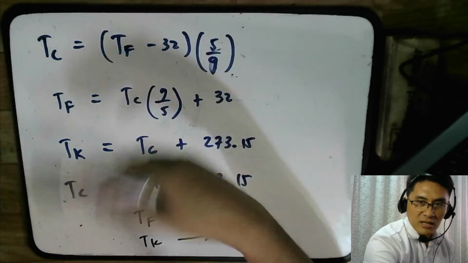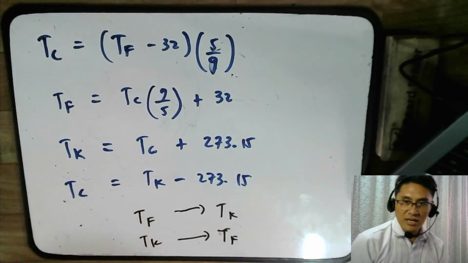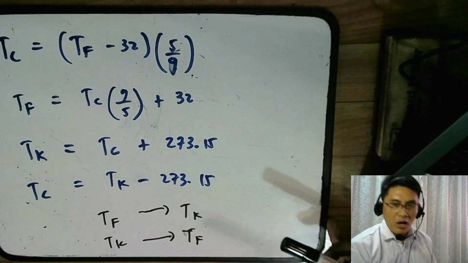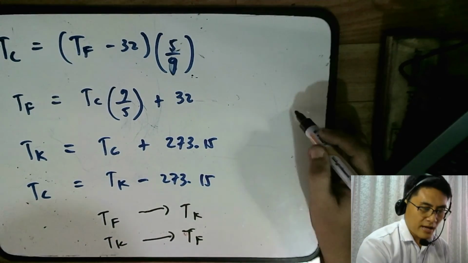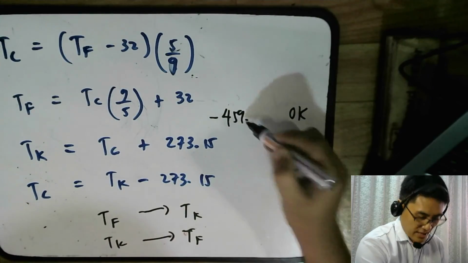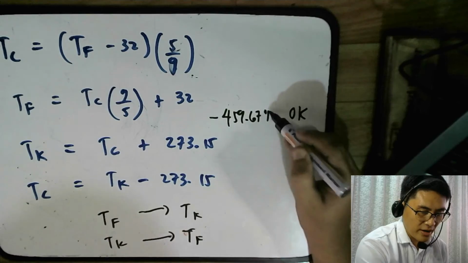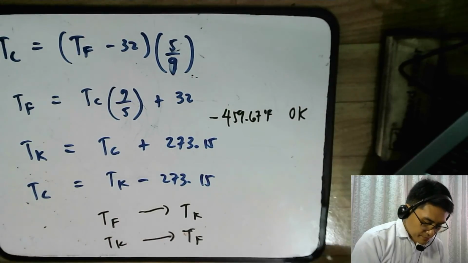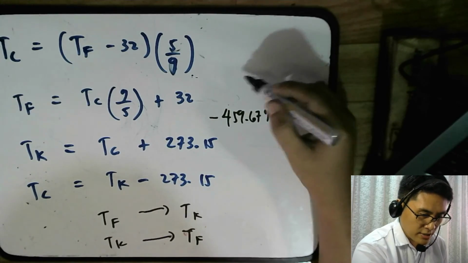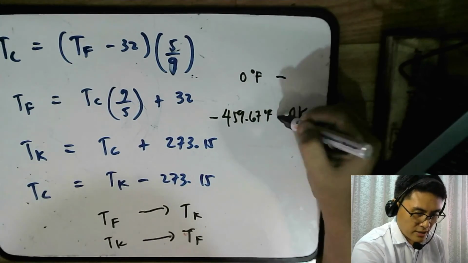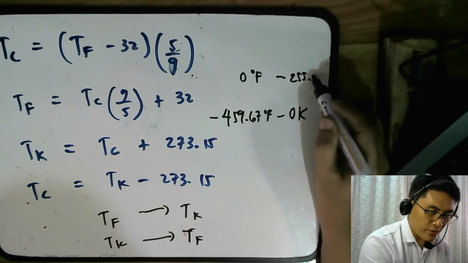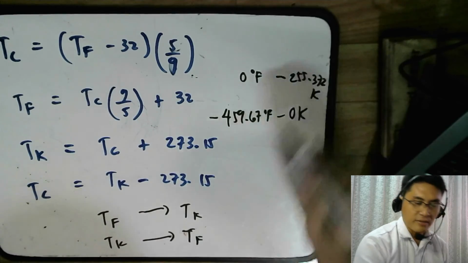Not by using Celsius as an intermediate, but by remembering that 0 Kelvin is equivalent to negative 459.67 Fahrenheit, and the point at which it's 0 degrees Fahrenheit, it is equivalent to, let me look at my notes, 255.372 Kelvin.